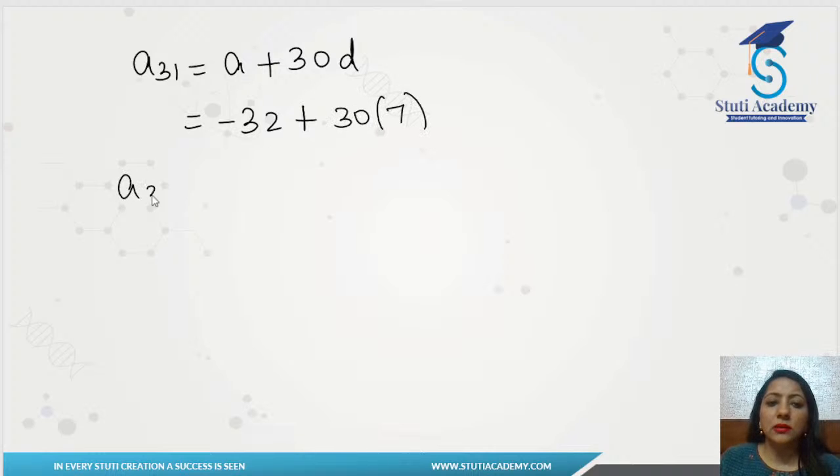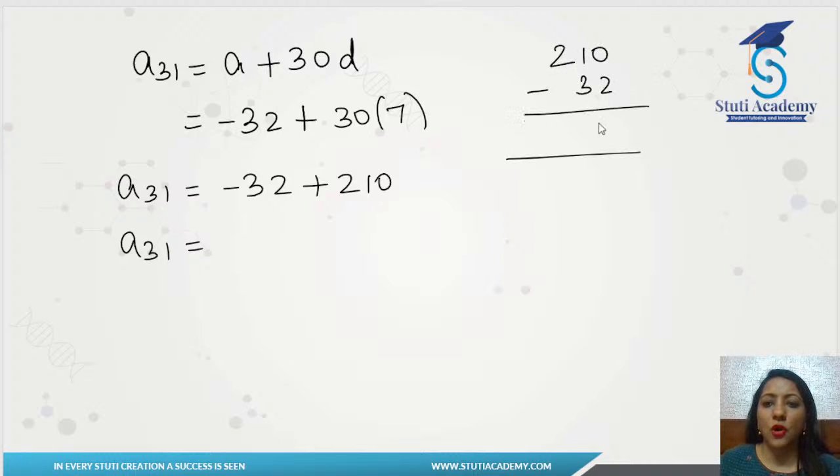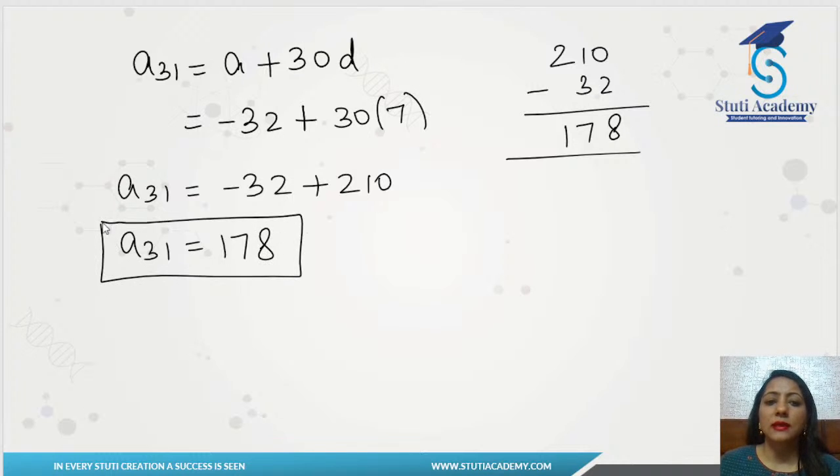We will get A31 as minus 32 plus 210. We'll subtract 32 from 210 and we will get 178. So the 31st term here is 178. I hope students this question is clear to all of you.